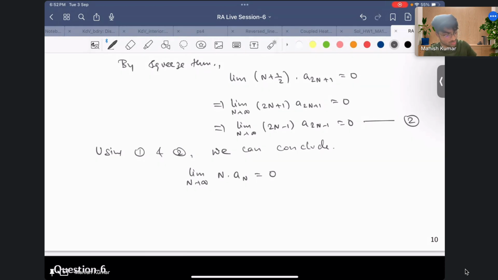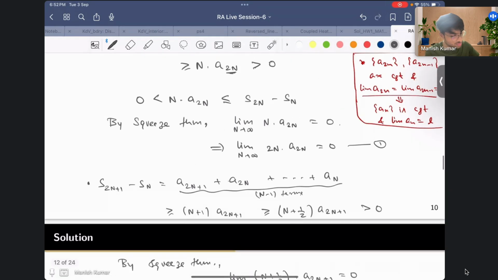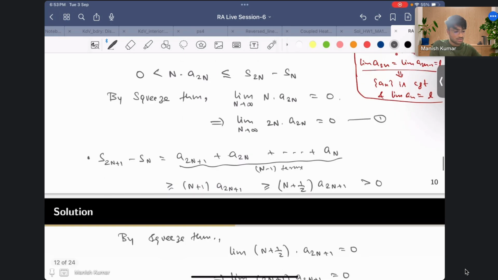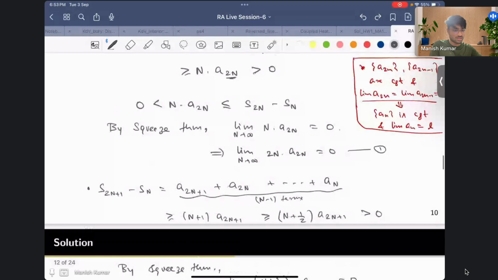So why I wrote here 2n minus 1, because for n equal to 1, otherwise it would be 3. So just to look at it in a better condition, I wrote 2n minus 1, so that when you put n equal to 1, it will consider a1. So let's not forget about a1 in this notation. That's why I included 2n minus 1, but it doesn't matter.